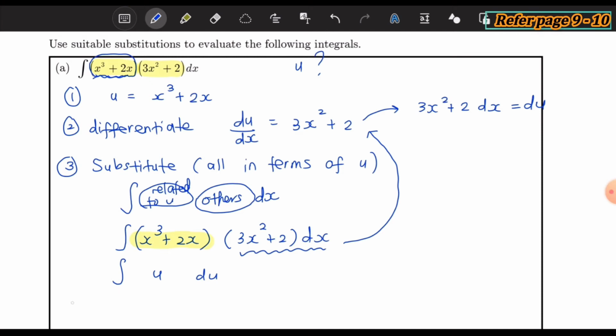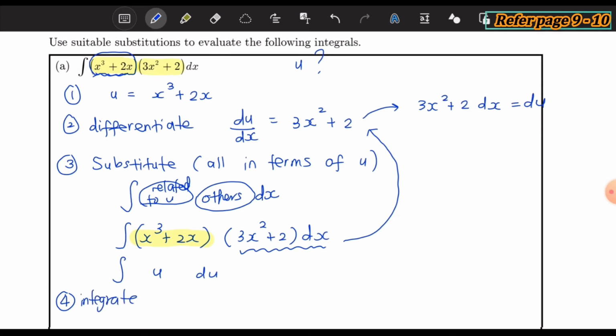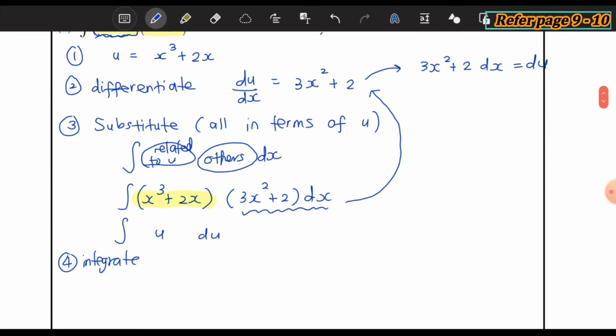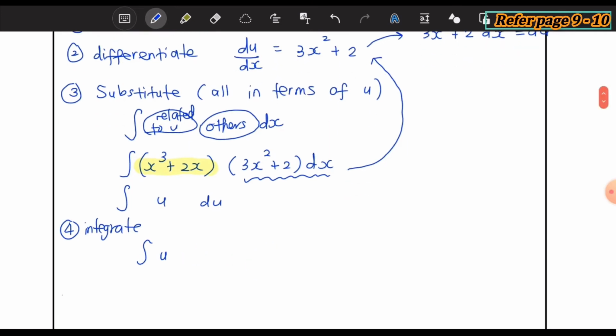Okay? Next. Step number 4. We need to integrate. We have integrate u du. The answer will be u squared over 2 plus c. And step number 5.